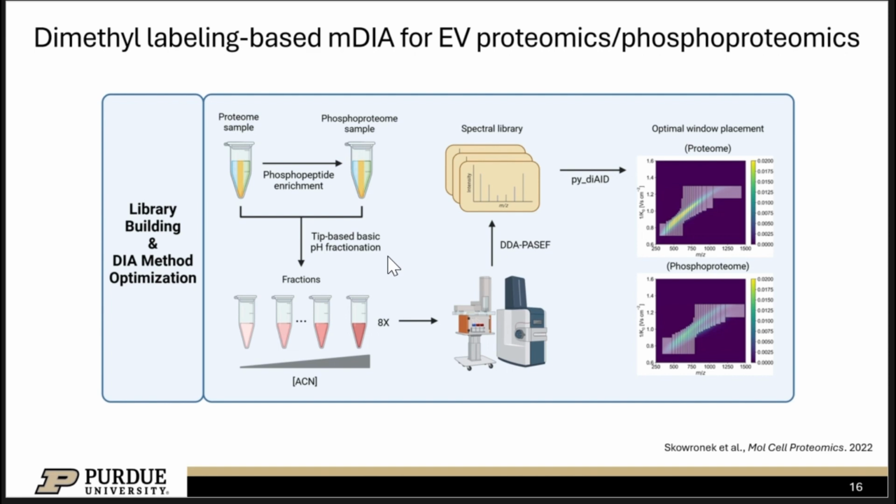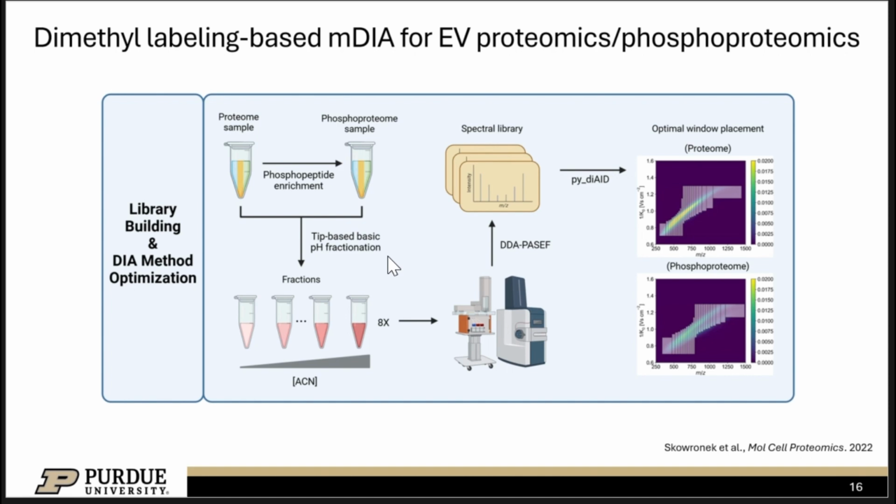So we assume that we can use just tip-based fractionation to achieve enough quality to separate the EV proteins in the samples. We use normal stage tip-based basic pH fractionation and get 8 fractions eluted in different ACN concentrations. By injecting these 8 fractions into a timsTOF HT platform, we perform the DDA PASEF method to acquire this 8-fraction library.